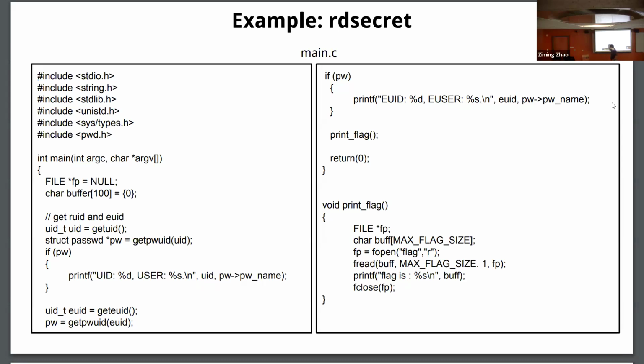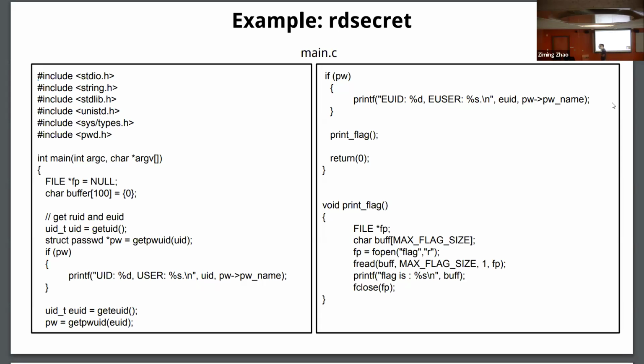And then we get the EUID here. This is another API provided by the operating system. Then we print out the EUID. Then we just have a function to print out the flag. You already know that. On our file system, we have a flag file. That's a secret, so we simply read that file and print it out. That is the print flag function.